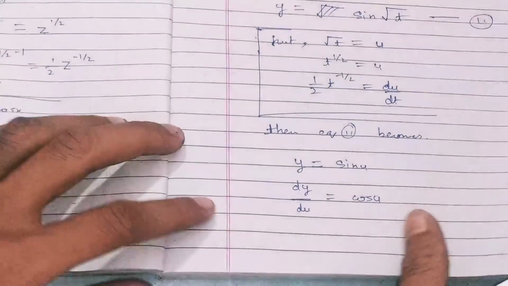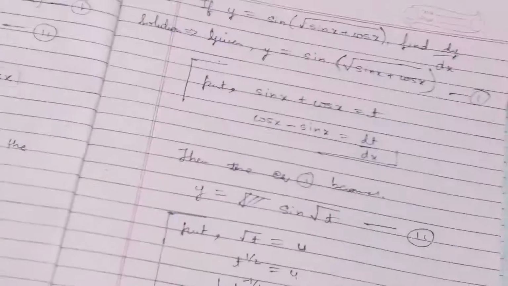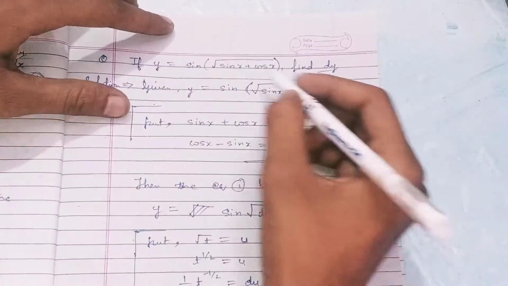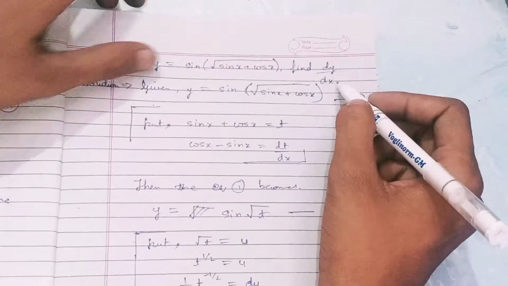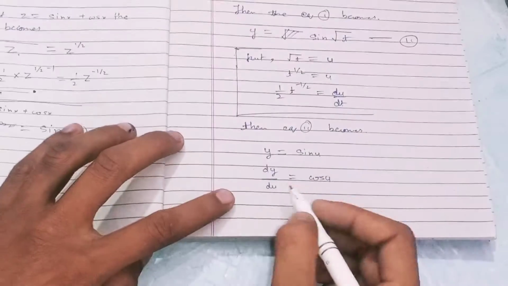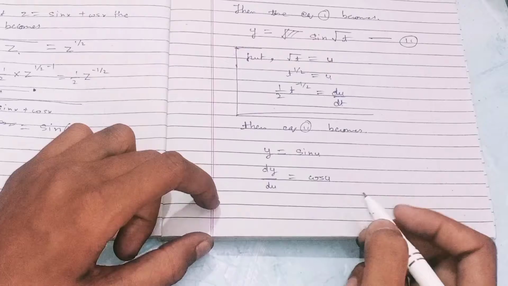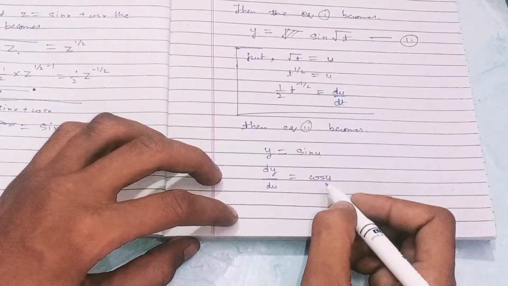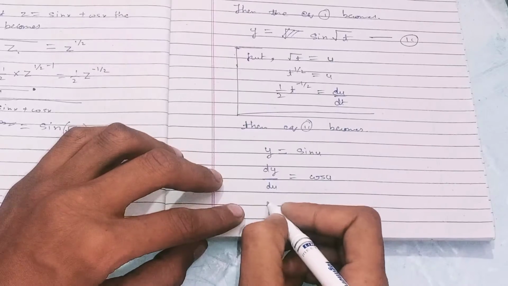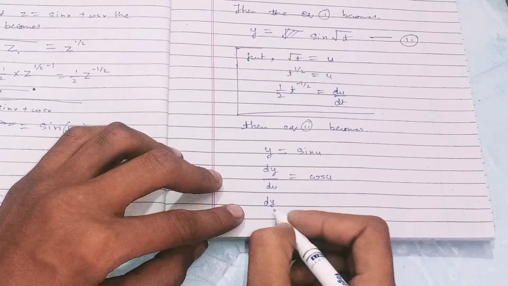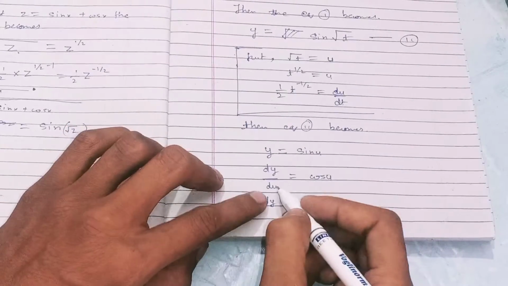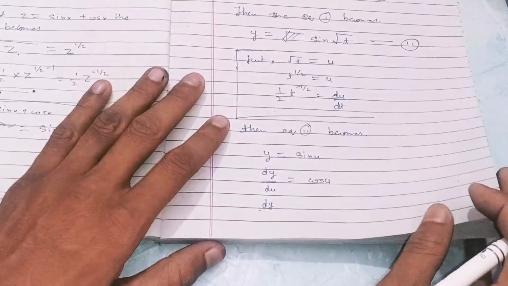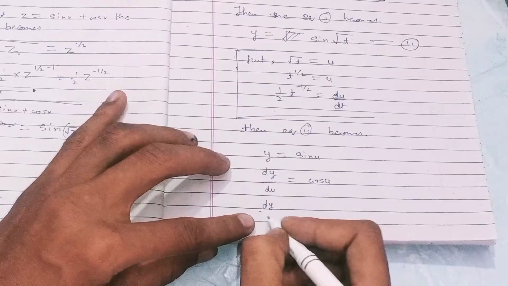But we have been asked in the question to differentiate with respect to x, but we have done differentiation with respect to u. Means we still have a lot of things to do. So solving it further, here we have dy upon du, and we have to find dy upon dx.